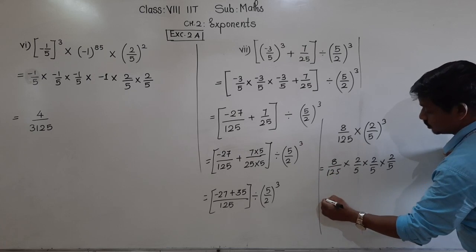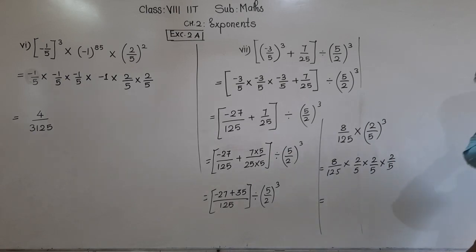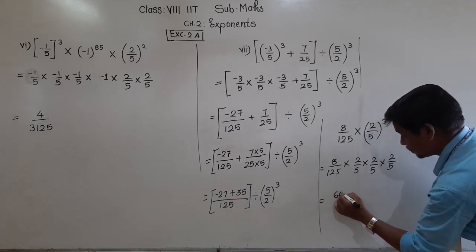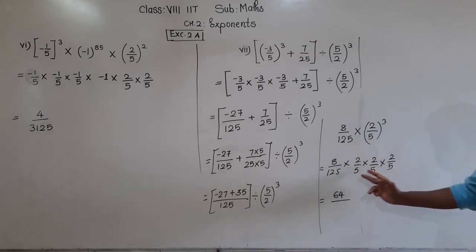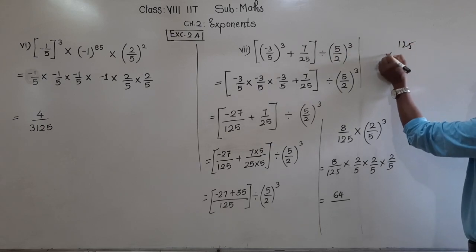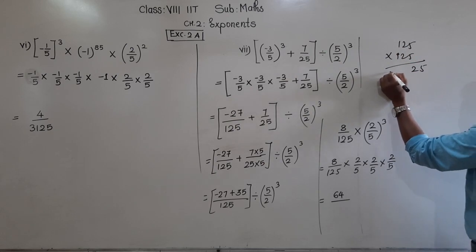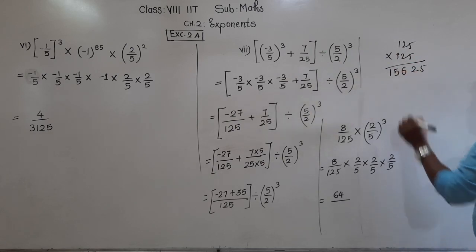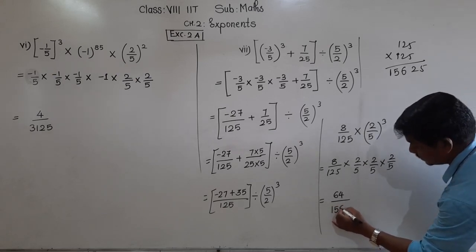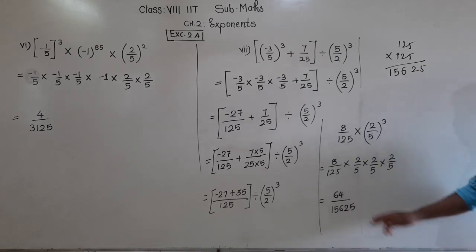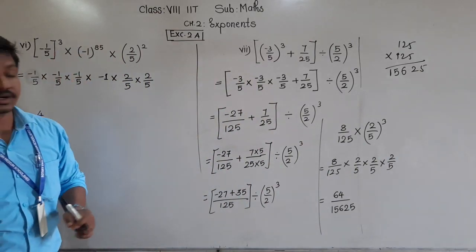So here nothing is going to reduce. 8 2s are 16, 16 2s are 32, 32 2s are 64, upon 125 into 125. 5 5s are 25 and 125 times 125 is 15,625. So the answer is 64 upon 15,625, the solution or value of this example.